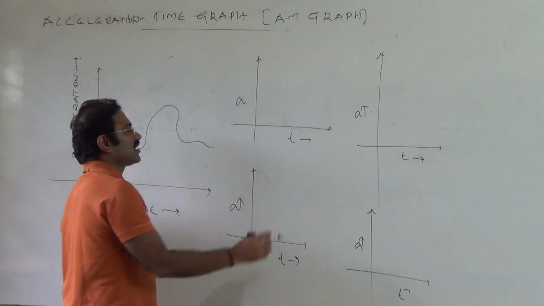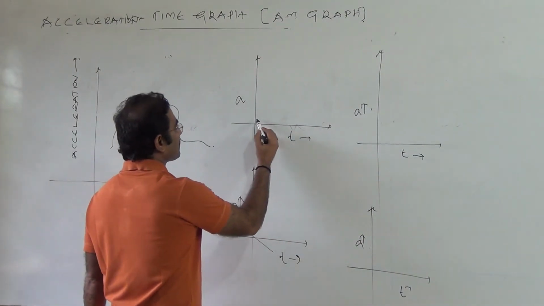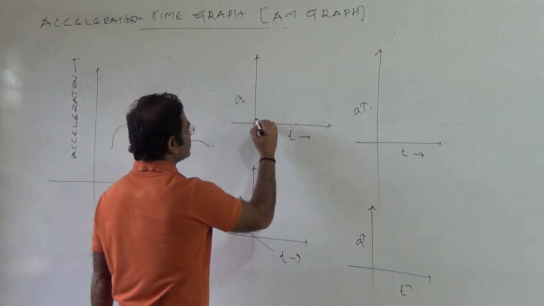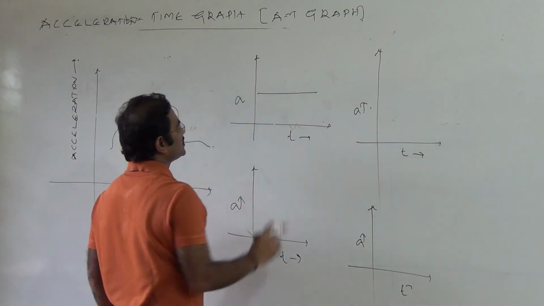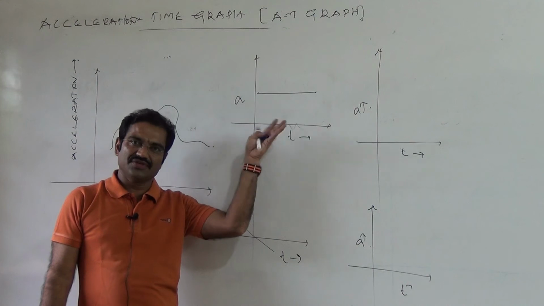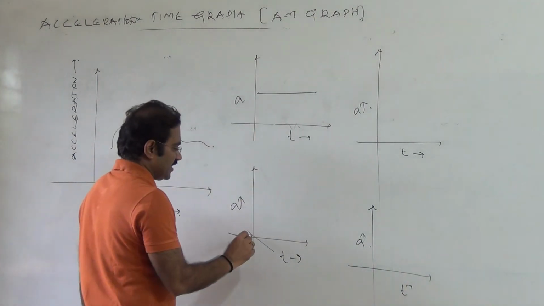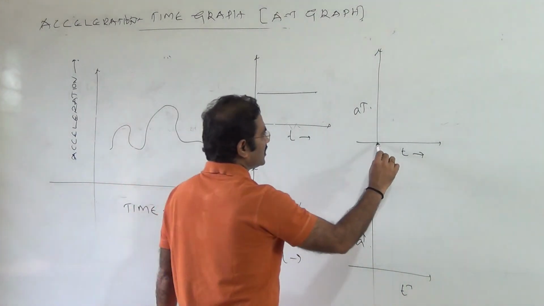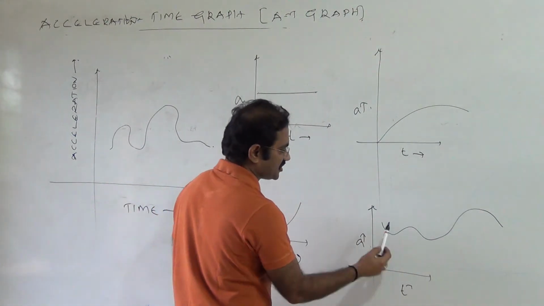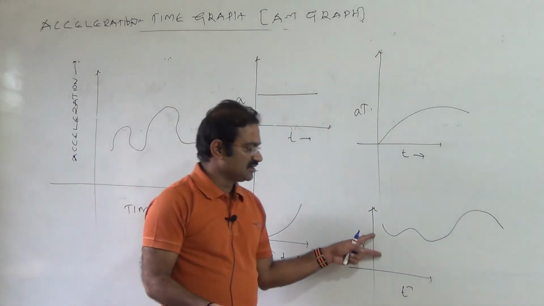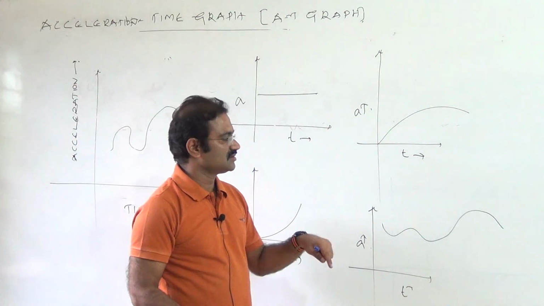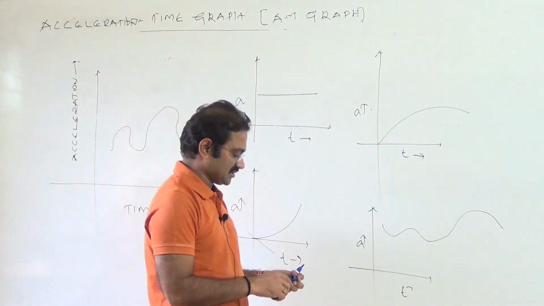If the nature of the graph is straight, that is zero acceleration, which means uniform velocity. Here it is an increasing acceleration, here it is a decreasing acceleration, and here it is variable acceleration. Variable acceleration means it may increase or it may decrease.